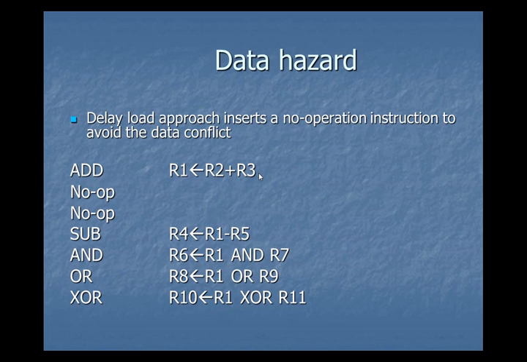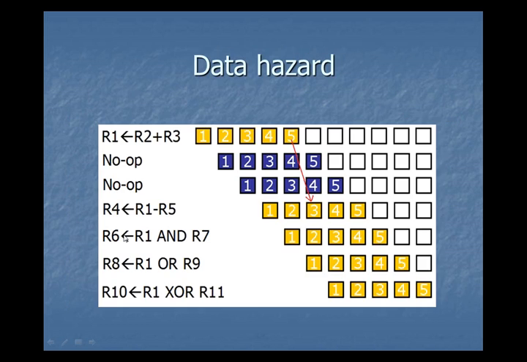That is, add is giving the output, but subtract is not able to take the output. So there is some disturbance in the data, which is known as data conflict. That requires a no operation instruction to avoid the data conflict.